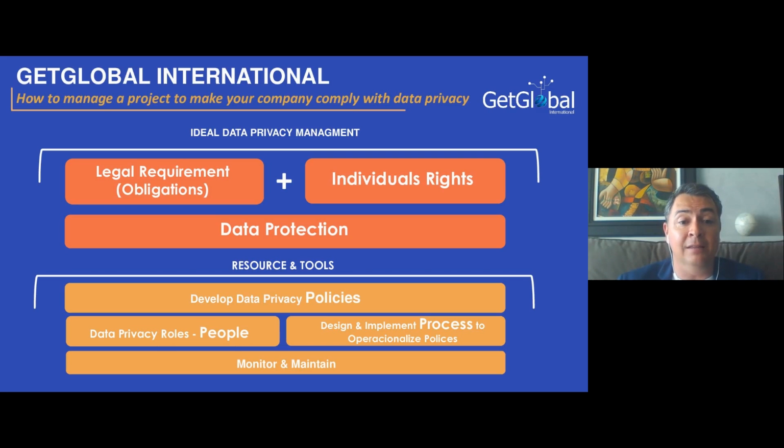And the data privacy policy also will change depending on the core business and the size of the company. So there is no recipe. For example, it definitely wouldn't work if you tried to implement the Goldman Sachs data privacy policy in a company like Google or Facebook.